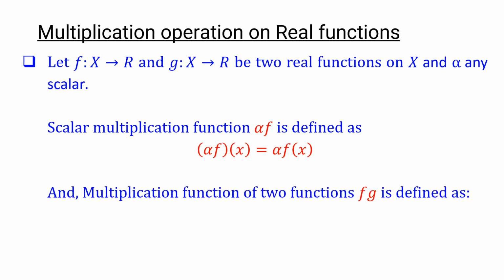And multiplication function of two functions fg is defined as (fg)(x) equal to f(x) times g(x) for all values of x in the set X. In a similar way, we can define quotient of real functions.